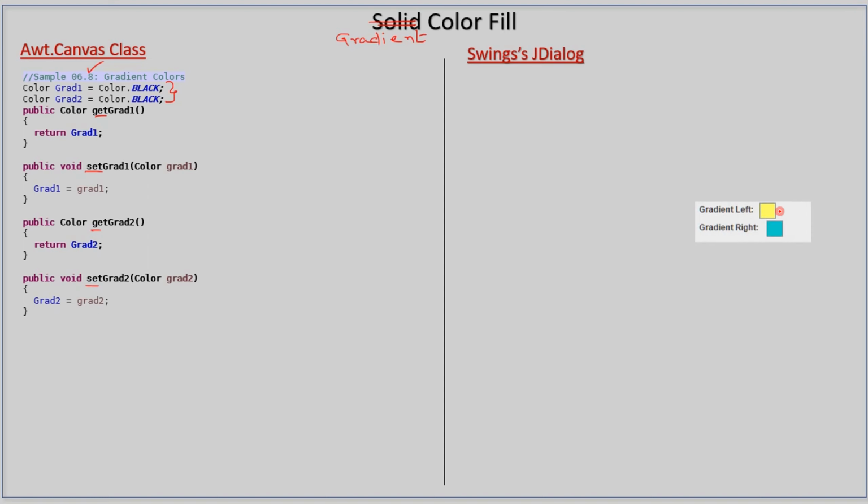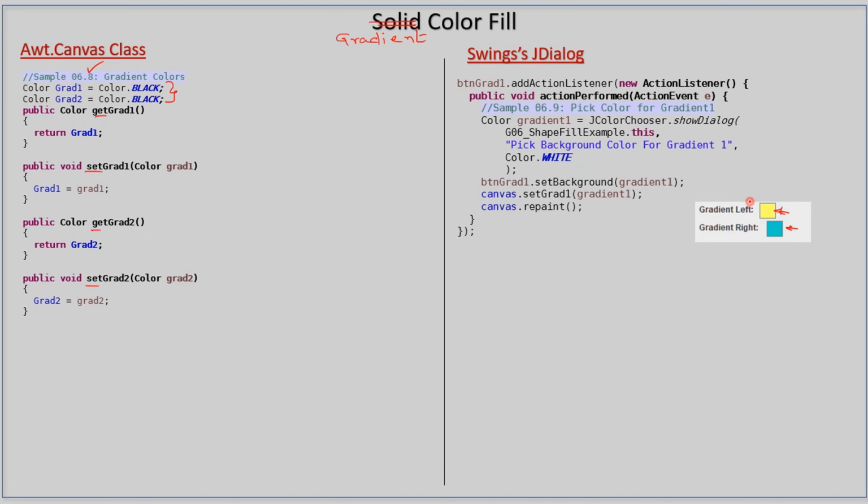Next we need to implement the action performed event for these two buttons. So 6.9, in the click event handler, the code is similar. We use the color chooser, we display the color chooser to the user.